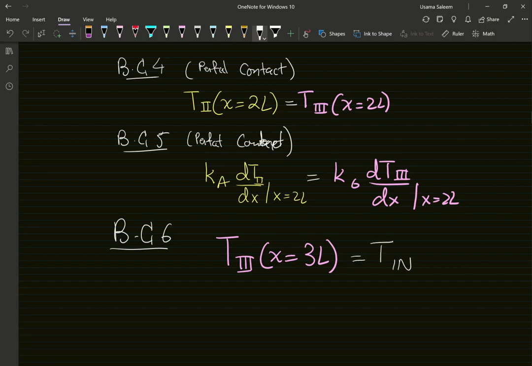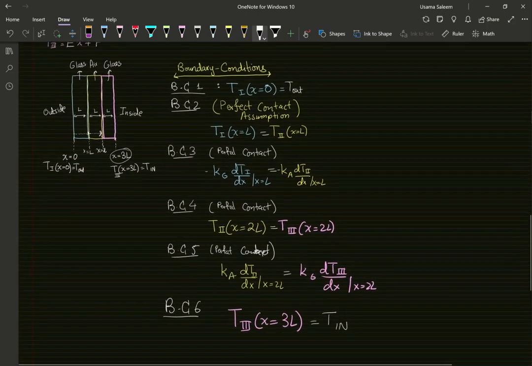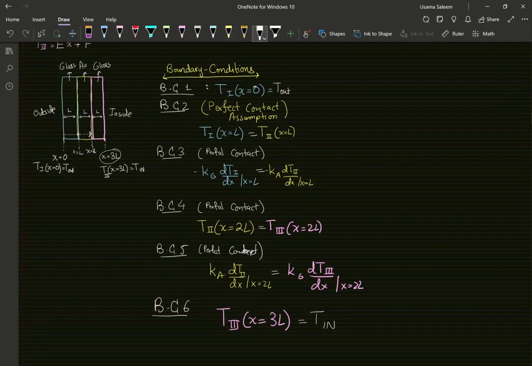Very good. So I have 6 equations, 6 unknowns. Oh boy, what a mess. Since I have Dirichlet boundary conditions in this case, they're all going to be linear equations.